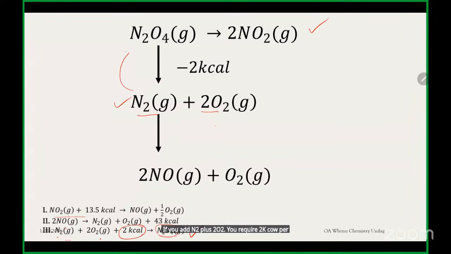So going here is 2 kcal per mole, meaning that if you are going in the reverse reaction, it will be negative. We also know that N2 plus O2 going to 2NO plus O2 is 43 kcal per mole.